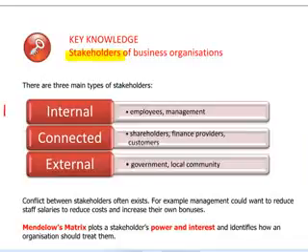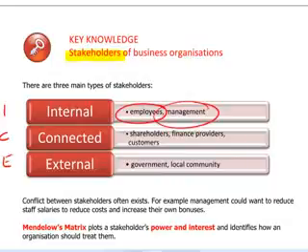Nice way to remember it, think of ICE. Internal, connected, and external. So a stakeholder is a person with an interest in the business. An internal one would be an employee, management, directors, and so on. They are all internal stakeholders.